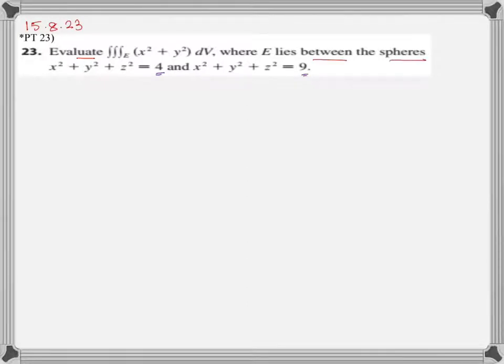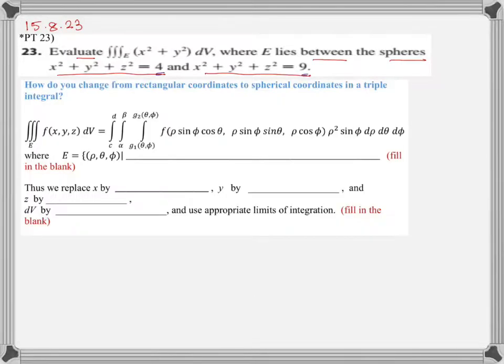So let's recap the formula for changing a triple integral to spherical coordinates. How do you change from rectangular coordinates to spherical coordinates in a triple integral?